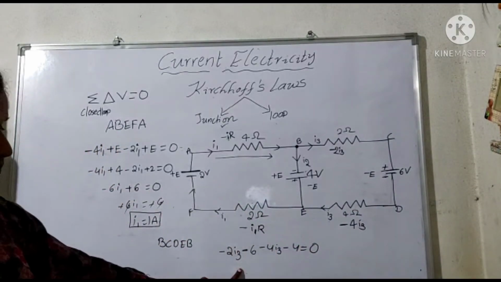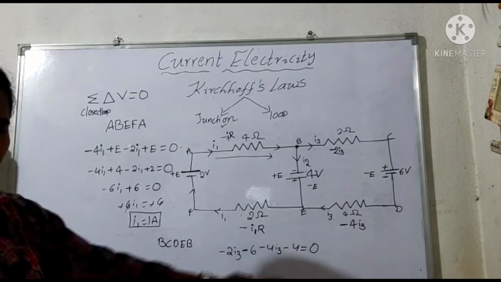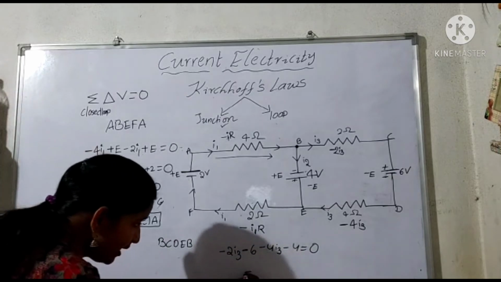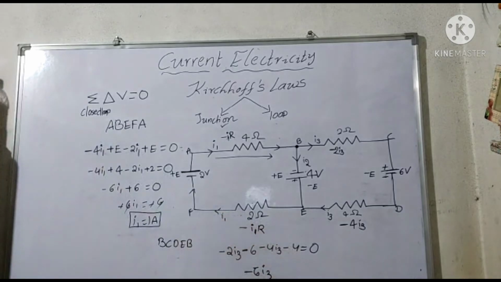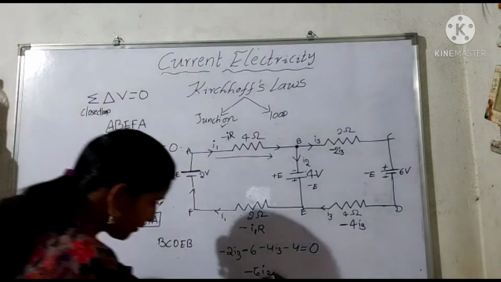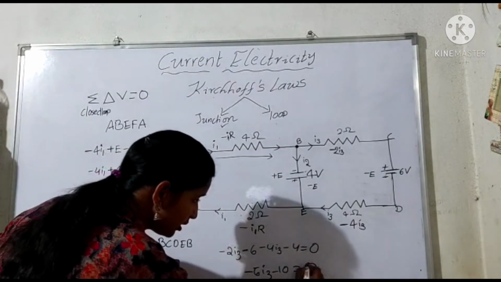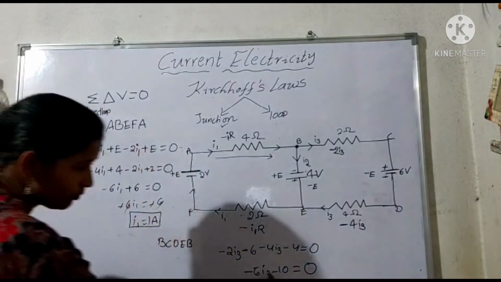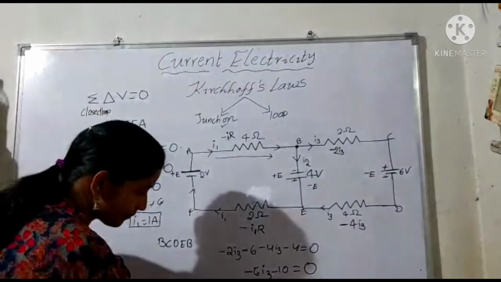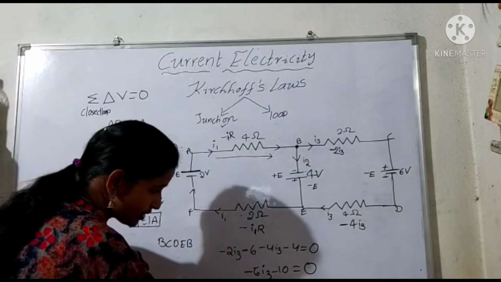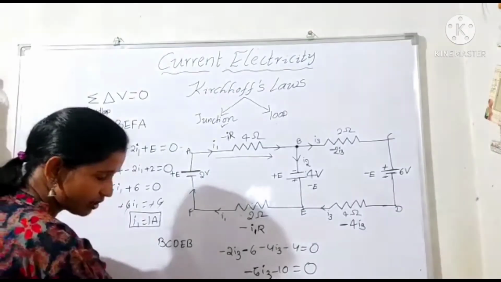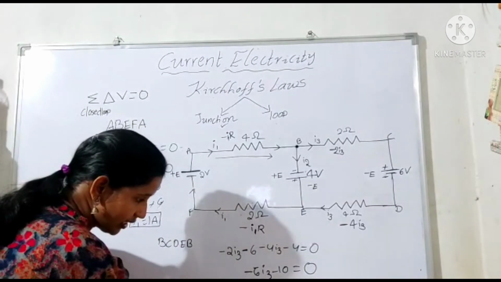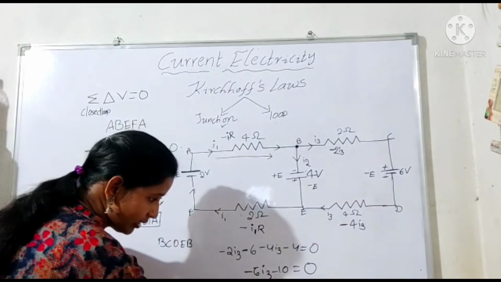Minus 2 I3 minus 4 I3 equals minus 6 I3, minus 6 minus 4 is minus 10, equals 0. So the minus sent to that side becomes positive, and the 6 which is multiplied here is sent to that side. I3 equals minus 10 by 6.